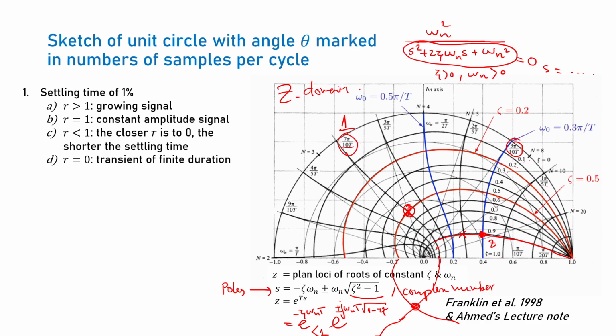And this curve represents the same value of omega n, and this curve, which is symmetric with this curve, also represents the same value of zeta equal to 0.5. Okay. Any more questions?